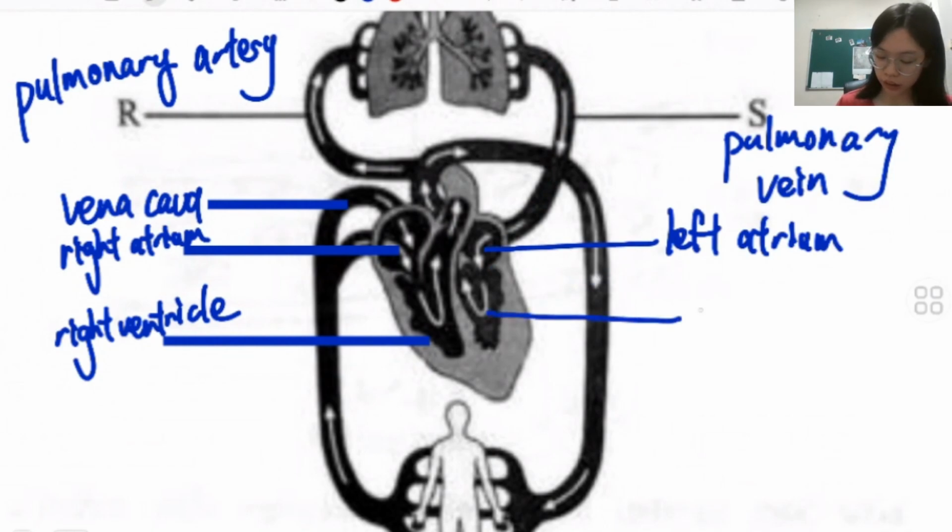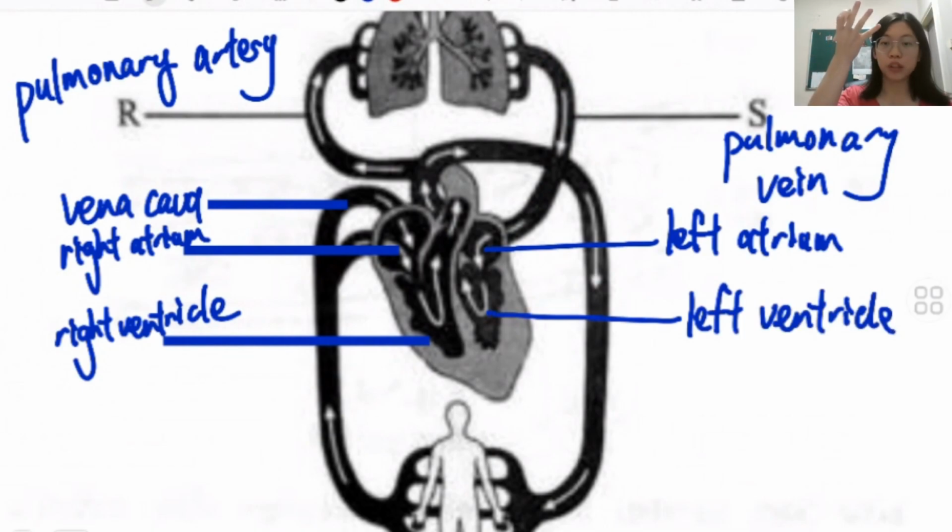And then later it will pass through the left ventricle. The left ventricle will contract forcefully from the bottom of the heart to push your blood out of the heart. So the one that transports oxygenated blood out of the heart is the artery.